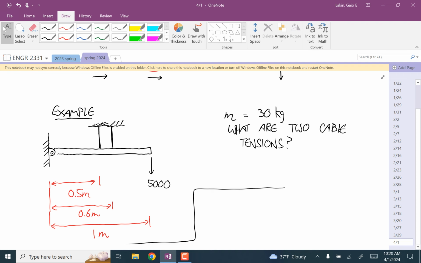Okay, so we still get the same two equations from Newton's laws. So I'll copy these.